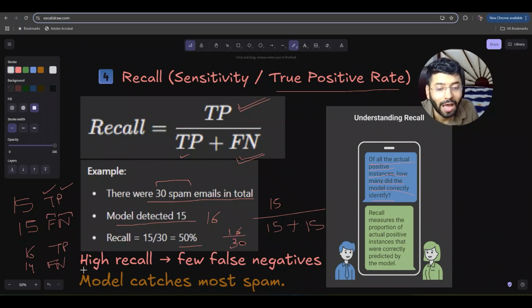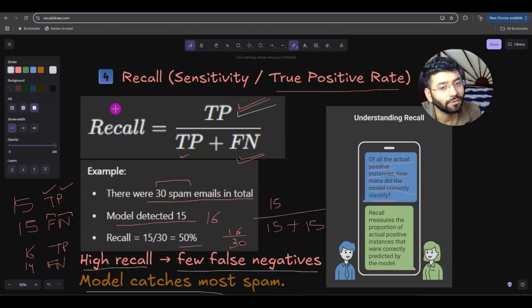Basically, high recall means few false negatives, because it's TP divided by TP plus FN. The denominator includes FN, hence if your recall rate is high, it means the false negatives are low, and that means the model catches most of the spams, because in a spam detection model, detecting spam would be a true positive.